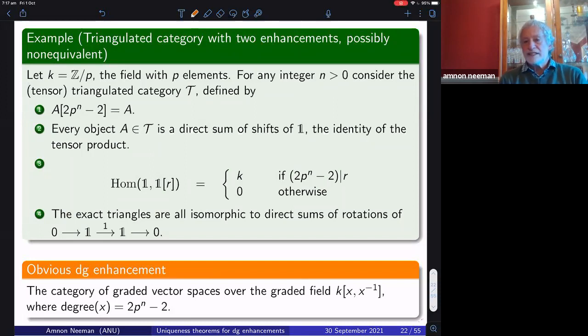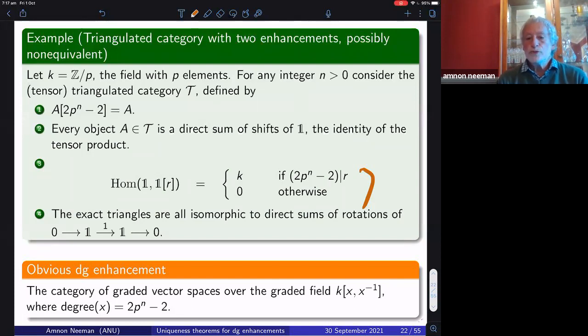Every object is a direct sum of shifts of the unit of the tensor. And the unit of the tensor satisfies the rule that hom from 1 to a shift of 1 is either 0 or K, so it's either 0 or one-dimensional. And the exact triangles are all the stupid exact triangles. There are no interesting ones.